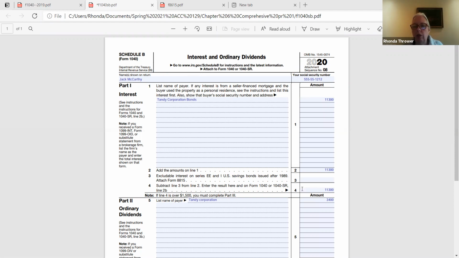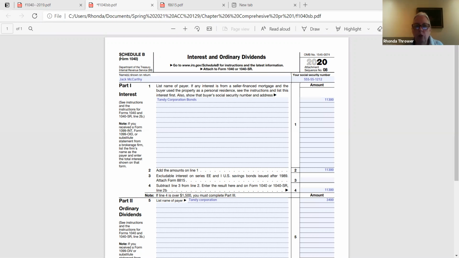So we're still using this, but where it says here to put it on line 2B, that just happens to be the same line that was also for the 1040 form from 2019. As you probably know by now, the 1040 form from 2019 and 2020 changed. But in this case, line 2B is still going to be the same amount.